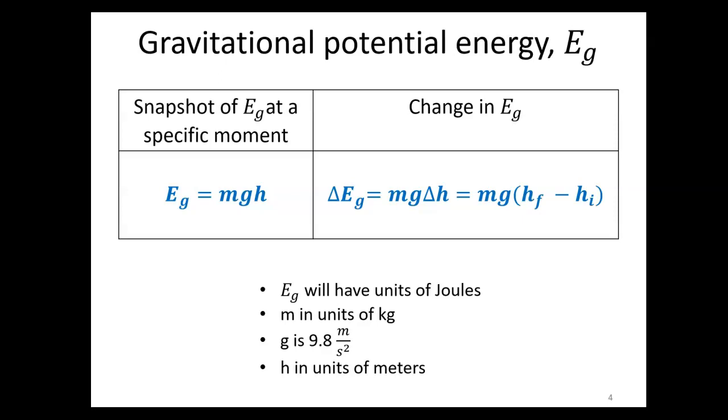Remember that a physicist always talks about the change in a quantity being the final minus the initial. In order for these formulas to give you energy in joules, you have to make sure that the mass is in kilograms, the height h is in meters, and of course g, the acceleration due to gravity, is 9.8 meters per second squared.